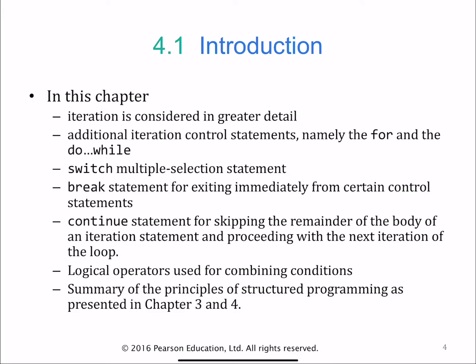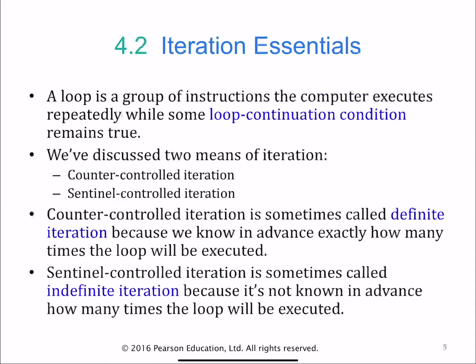Okay, so what we've seen previously is that there are basically two types of loops in a sense. There's one where you do definite iteration, where you know beforehand how many times you want to go through the body of a loop.